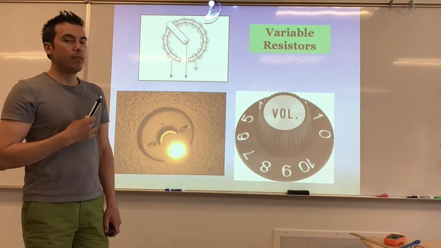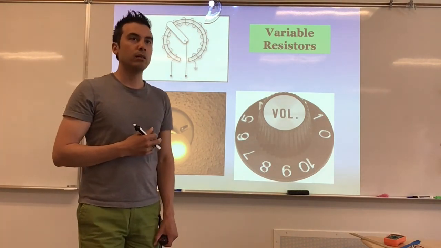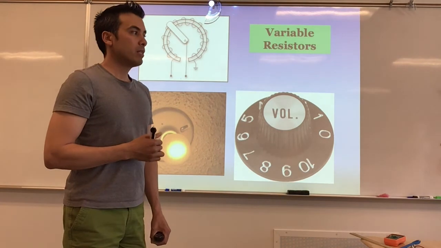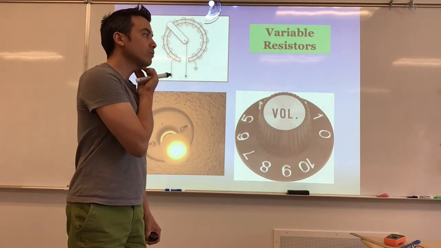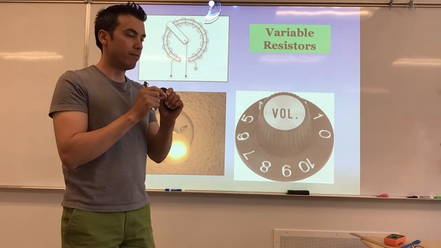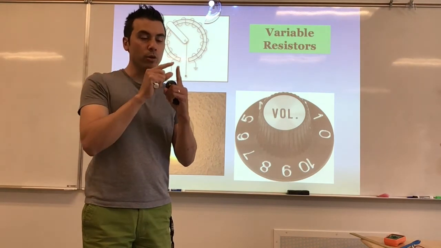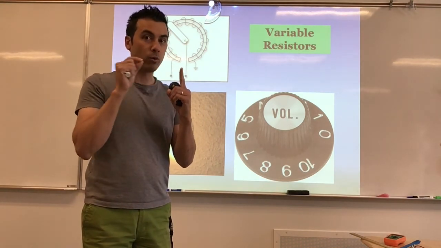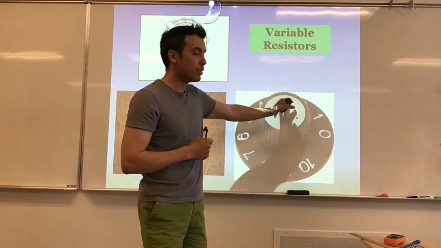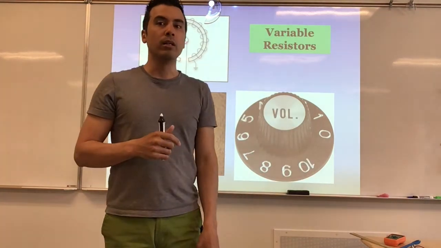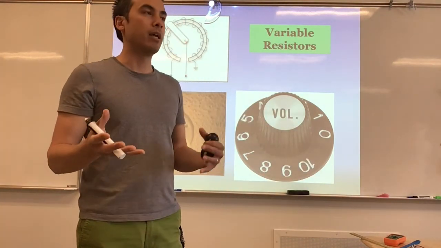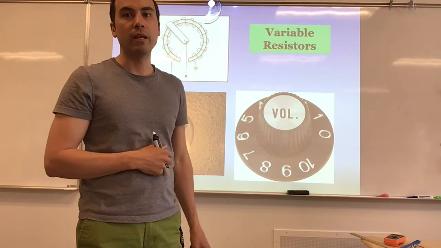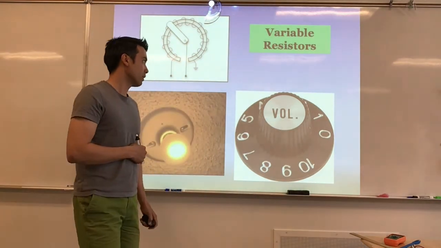Basically, if we had a resistor this big, we might only use a little bit of it or a lot of it, depending on how we turn this dial. It allows us to dim lights and change speeds on fans and this sort of thing.